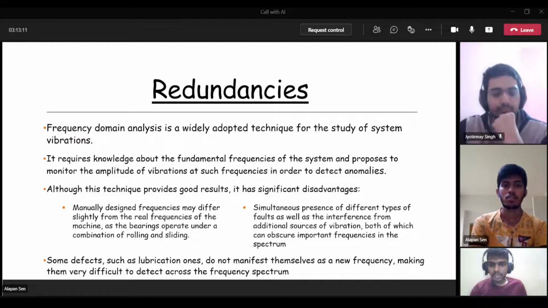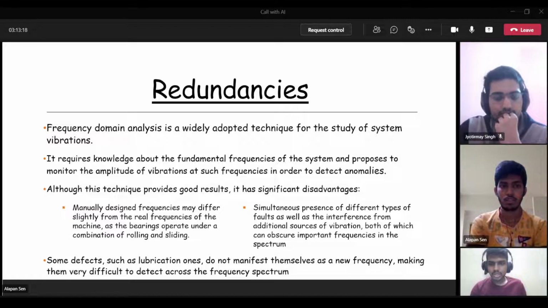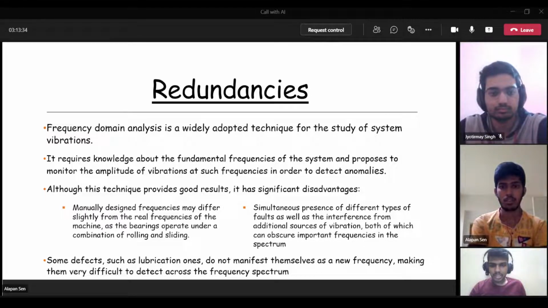Next we will discuss the redundancies in the current operations of these machines. Frequency domain analysis is a widely adopted technique for the study of system vibrations. It requires knowledge about the fundamental frequencies of the system and proposes to monitor the amplitude of vibrations of these bearings at such frequencies in order to detect anomalies in their behavior.